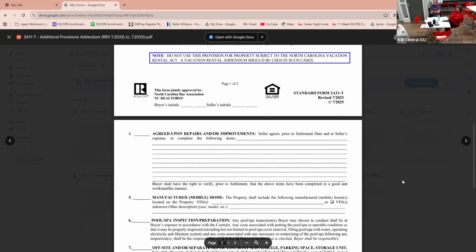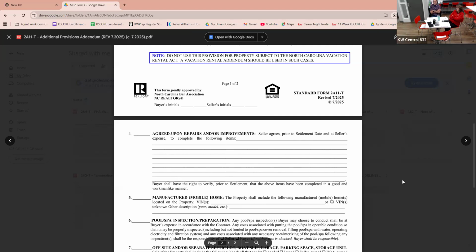So you're requesting a list to make your buyer aware from a disclosure standpoint, which they should have done on the RPOD. They did not. This is just reconfirming we want to know this information.